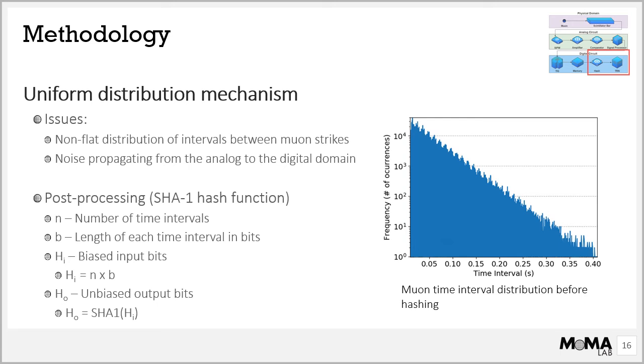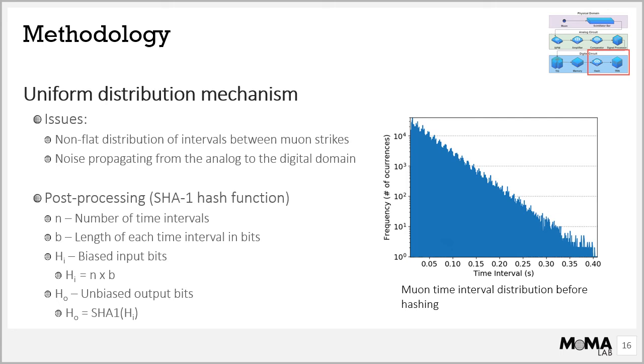hi is our input to the hash function, and since the length of hi is relatively large, it is required to concatenate n time intervals such that n times b is equal to the input to our hash function. The final step is to perform the hash function, and this happens by feeding hi biased bits as input and getting ho unbiased bits as output.